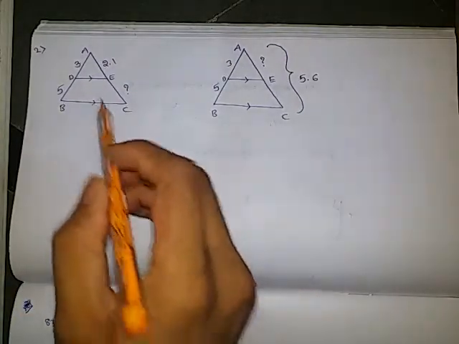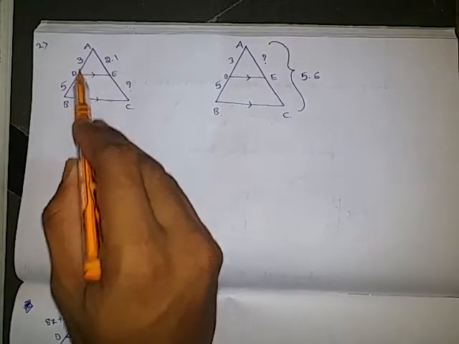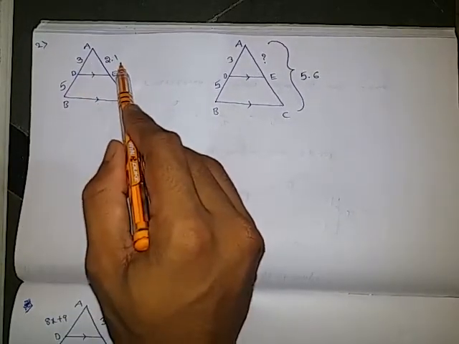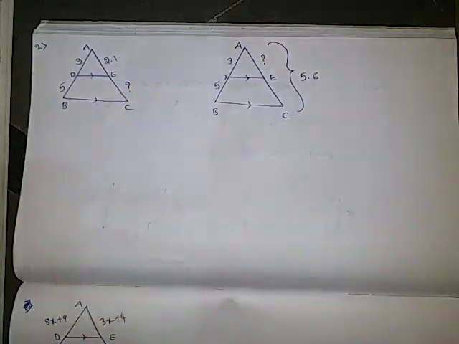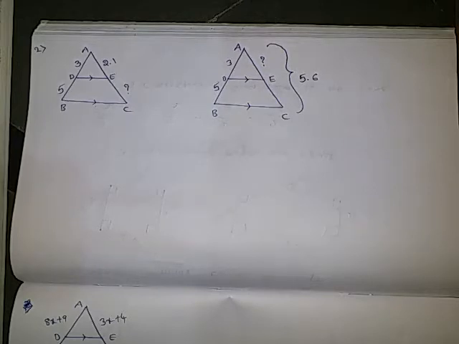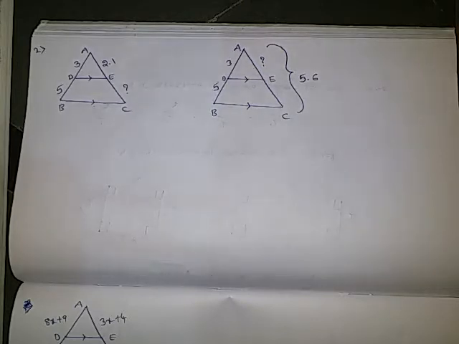And next, AD is given as 3 units, DB is given as 5 units, AE is given as 2.1 and EC value he is asking. So according to the BPT, if a line is drawn parallel to one of the sides, it divides the remaining 2 sides in the same ratio.